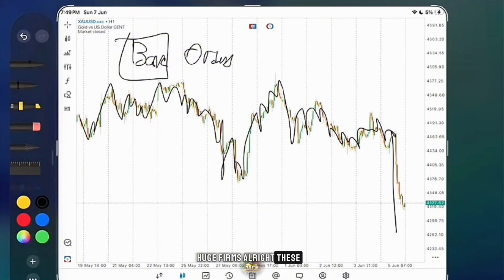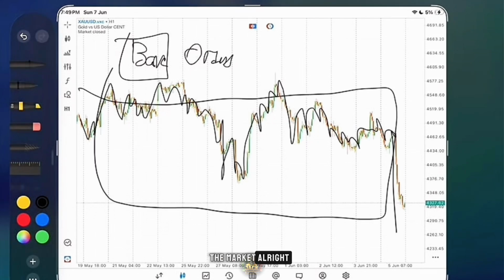These are the few big sharks that move the market. Now, how do we identify or join the trend following their orders? In simple terms, how do we enter as the bank?